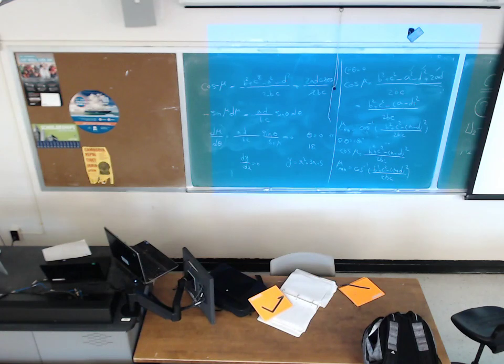Similarly, when theta is 180, a is going in this way: a is this one, b is this one, c is this one, and d is this one.